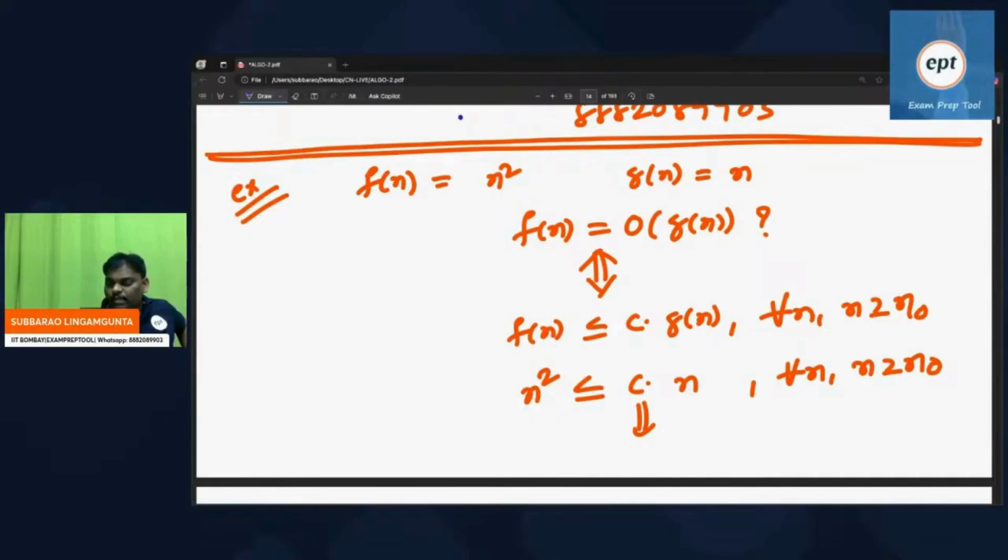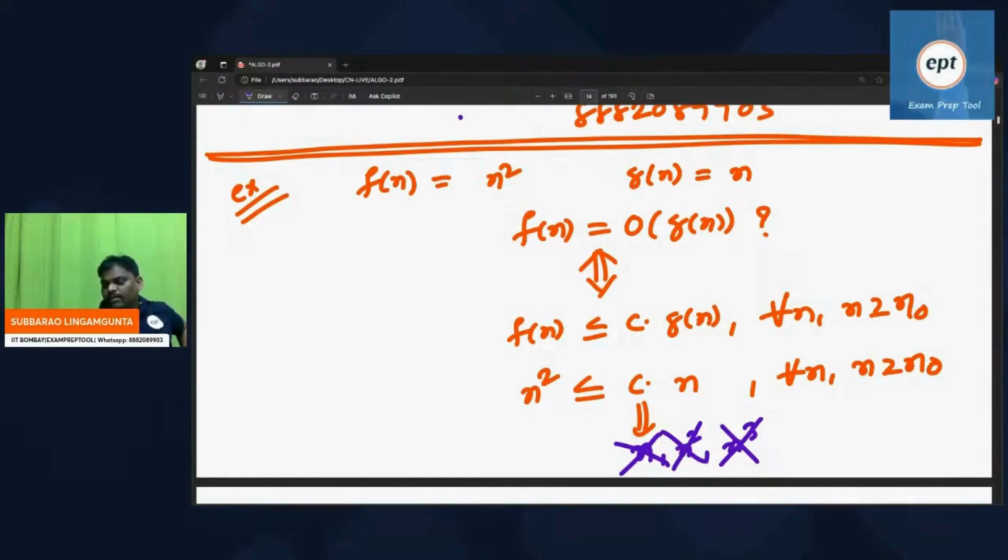Some people are asking, sir, right should be more or equal also means you can take n, you can take n square, you can take n cube also. Remember, c is a constant. You cannot take functions. It can help a constant only. So with the help of a constant, proving the right side bigger is impossible. Some people are asking, sir, can't I take c value n?